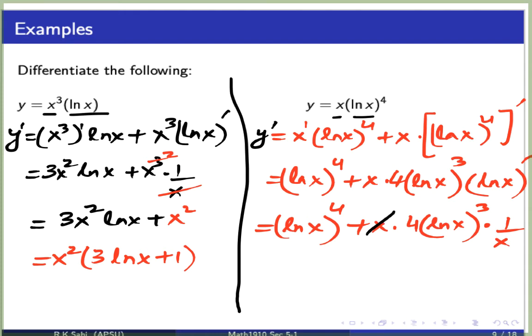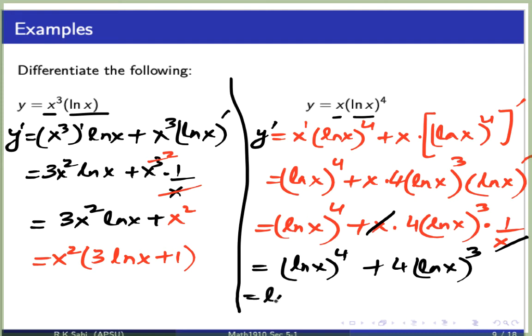So the x's cancel out. What are we left with? Natural log of x to the power 4 plus 4 times natural log of x to the power cube. It's fine till here. If you want to do a little bit more algebra, it's okay with me. Let's do it just for a practice. Remember, natural log of x is common, cube. We have natural log of x plus 4.